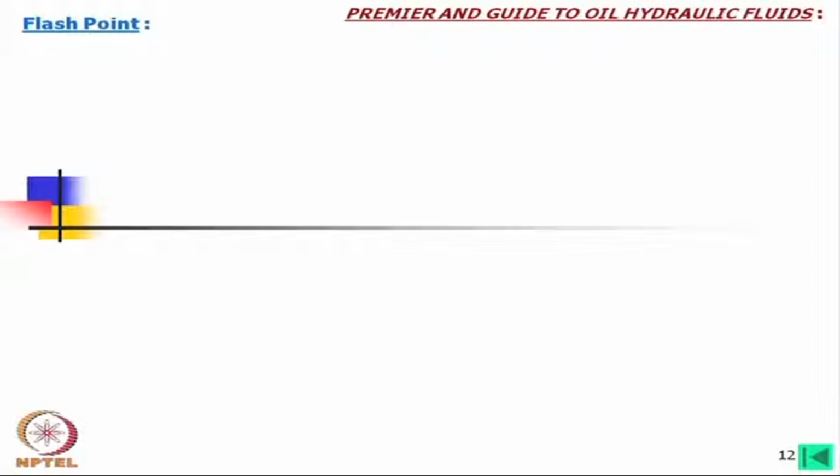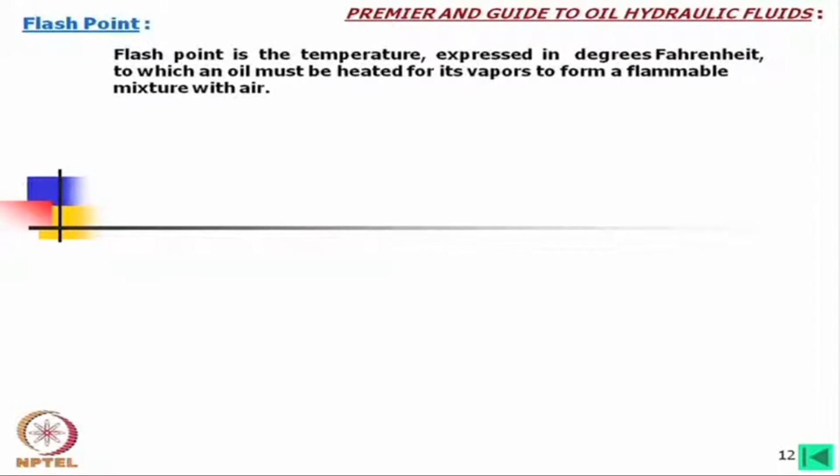Now, another point we should consider is the flash point. The flash point is the temperature, expressed in degrees Fahrenheit or centigrade, to which an oil must be heated for its vapors to form a flammable mixture with air.